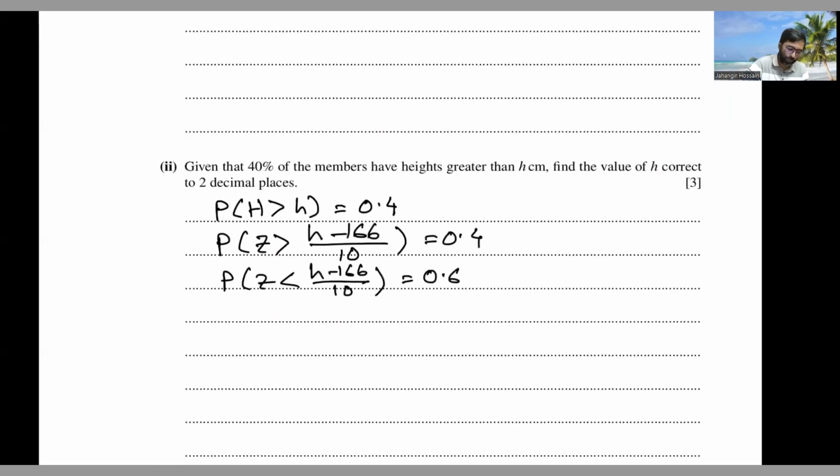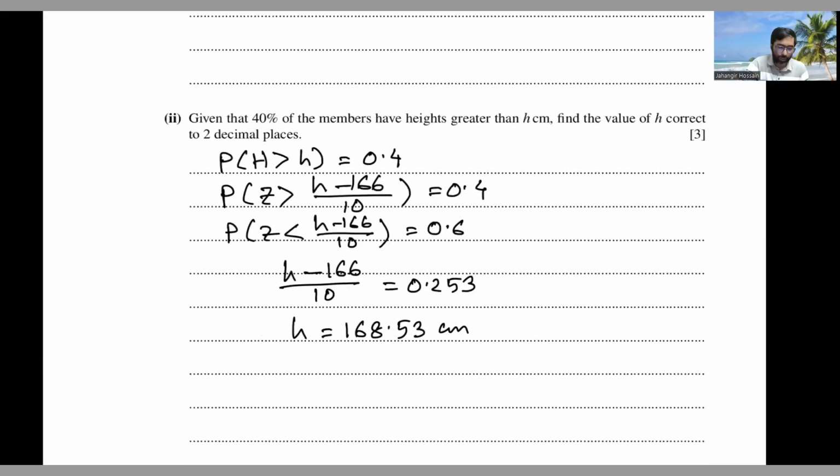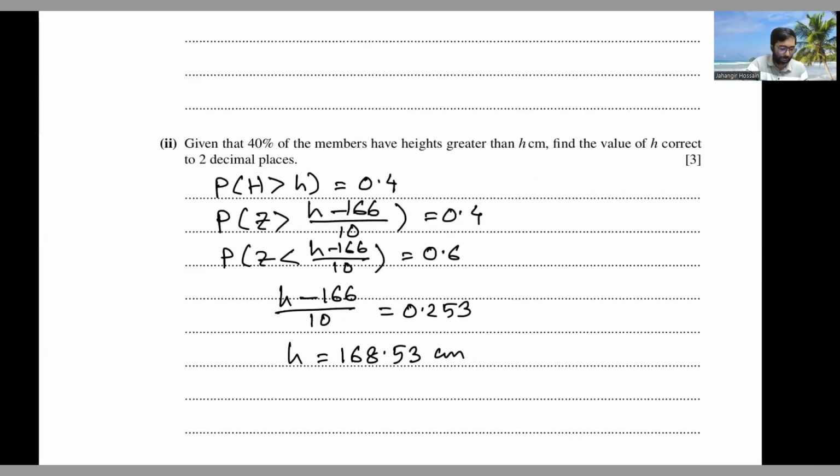So a minus 166 over 10 equals 0.253. So from this, a is 168.53 centimeters, correct to two decimal places. That's it. That's part A2.